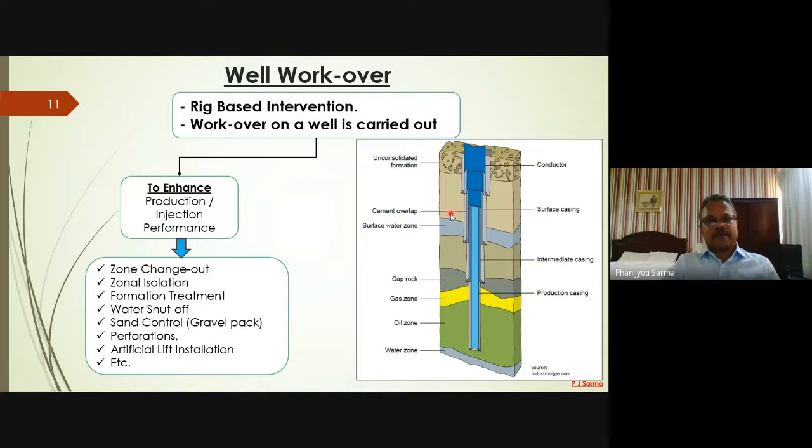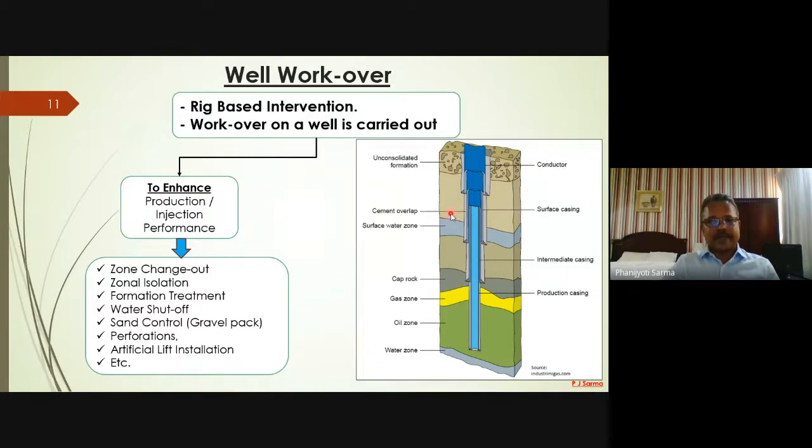Then additional perforation can be done. Artificial lift is another objective of well workover, because sometimes at the beginning the well sustains natural production, and after a period of time formation pressure declines and it cannot sustain the vertical lift.